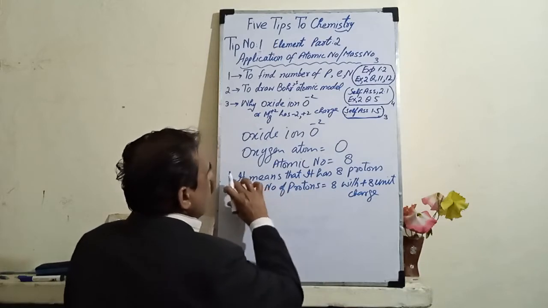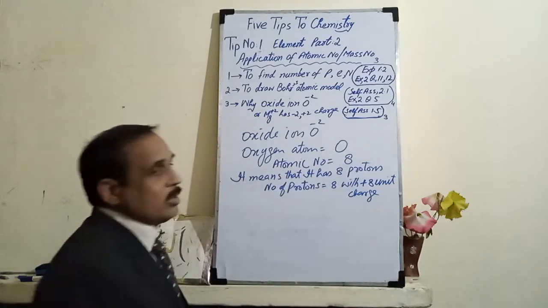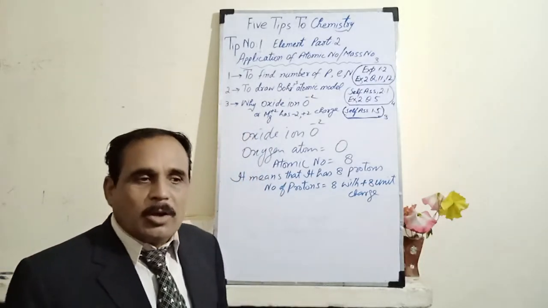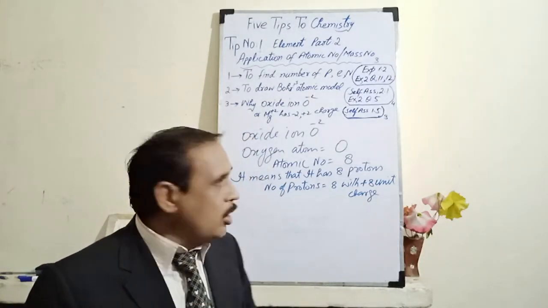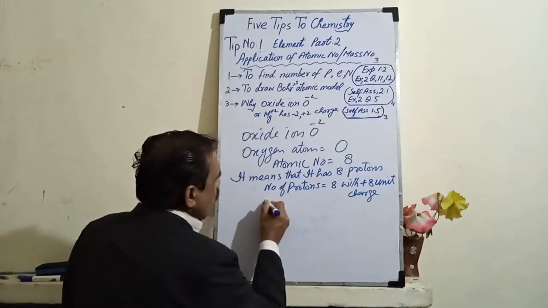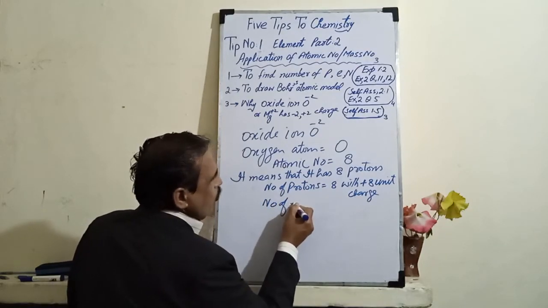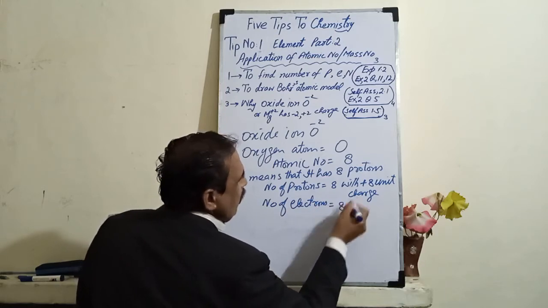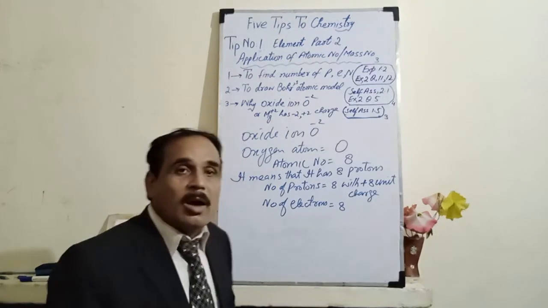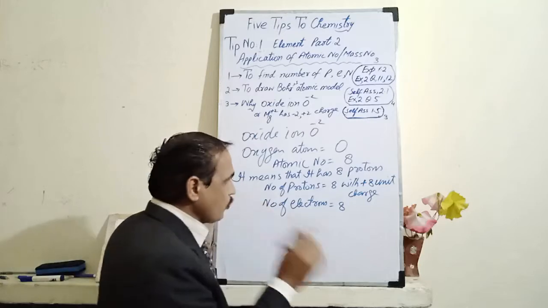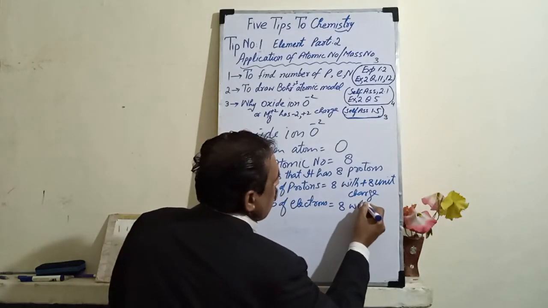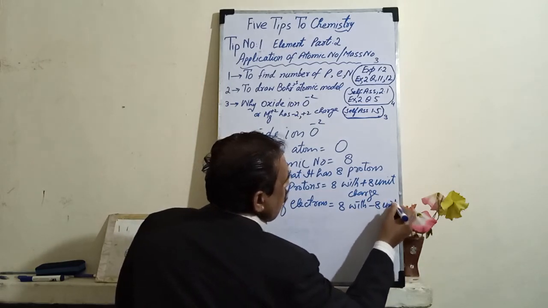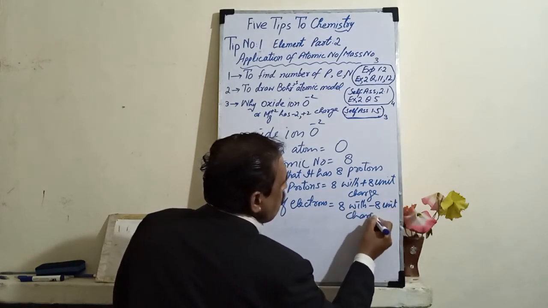Similarly, because atomic number is the number of protons and number of electrons, and in an atom the number of electrons and number of protons are equal, we can write number of electrons also 8, but you know electrons have negative charge, with minus 8 unit charge.